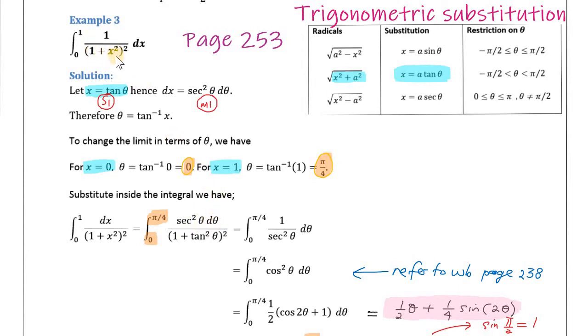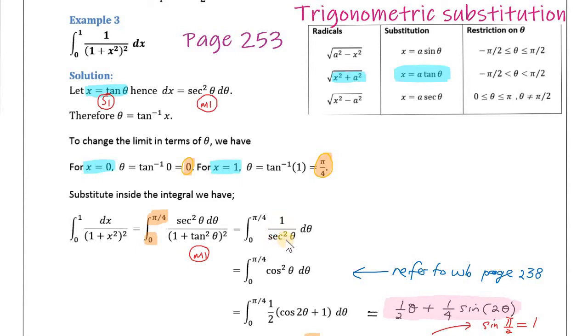As for 1 plus x squared, we put 1 plus tan squared theta. So we substitute, and we get everything in terms of theta.